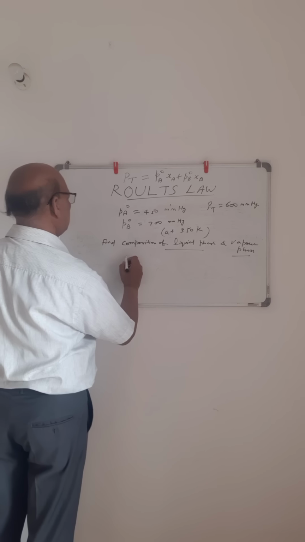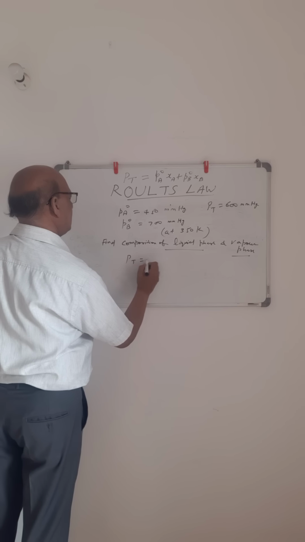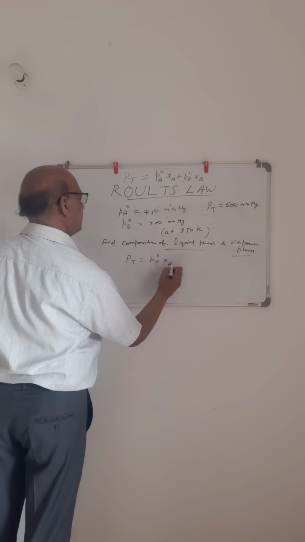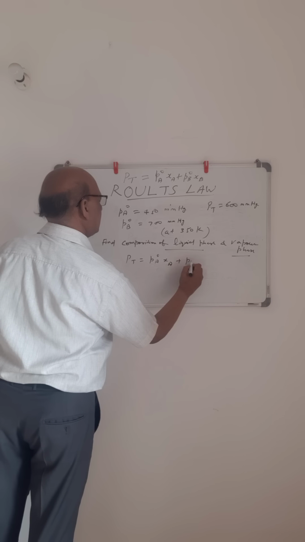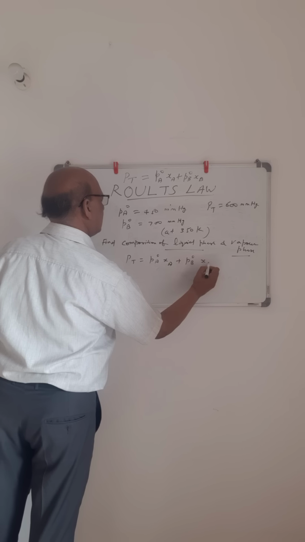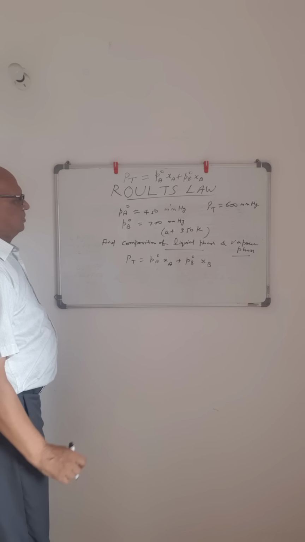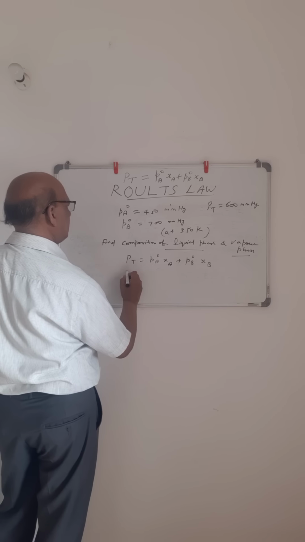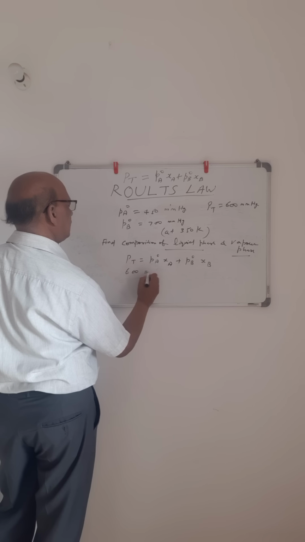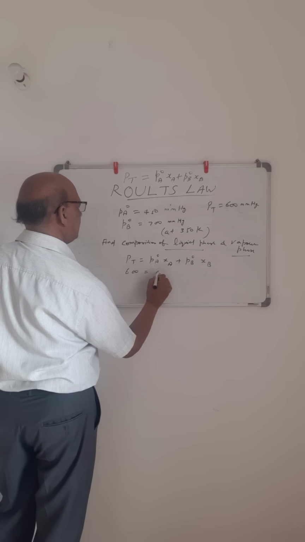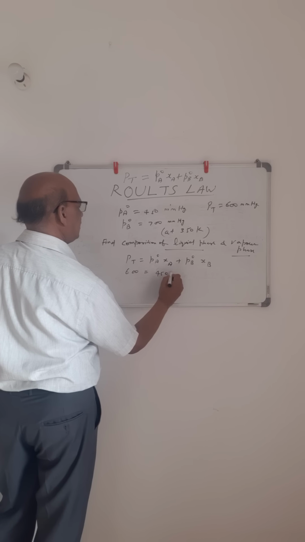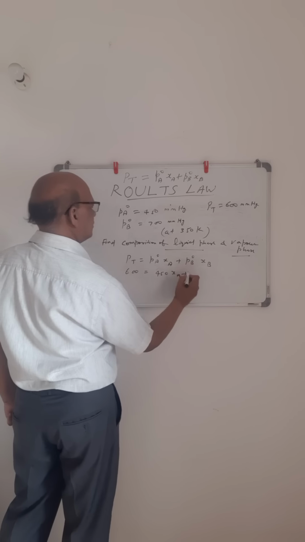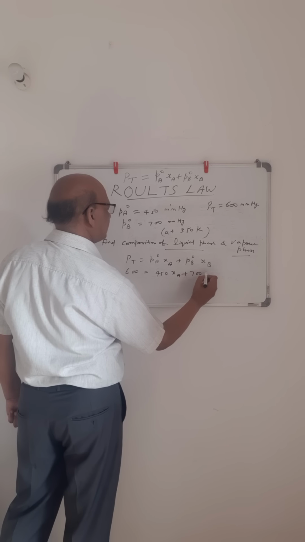So we will employ the same formula, that is P total equal to PA naught XA plus PB naught XB. So this will become 600 is equal to PA naught, which is given as 450, into XA, plus PB naught, which is given as 700, into XB.